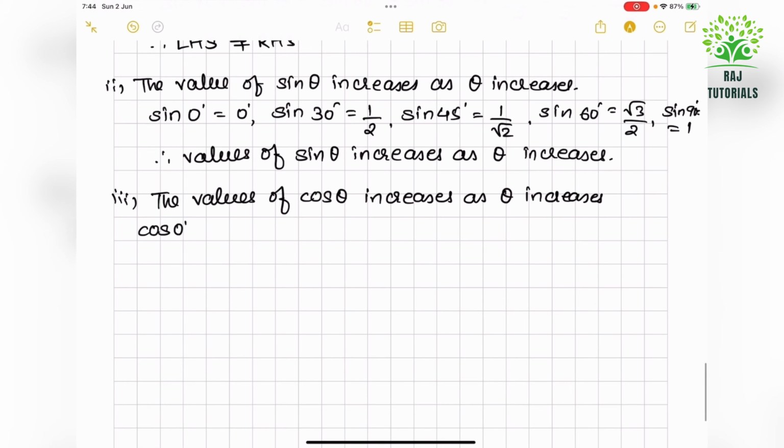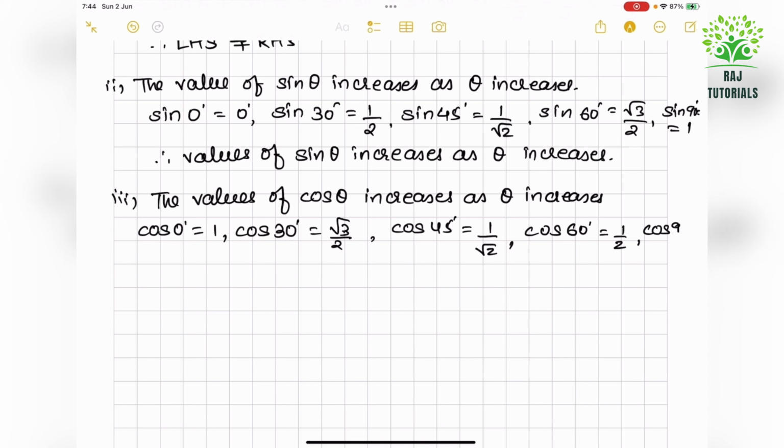So if we put the values, cos 0 degree equal to 1, cos 30 degree equal to root 3 by 2, then cos 45 degree equal to 1 by root 2, cos 60 degree equal to 1 by 2 and cos 90 degree equal to 0. So it is false, as the values are decreasing, not increasing.